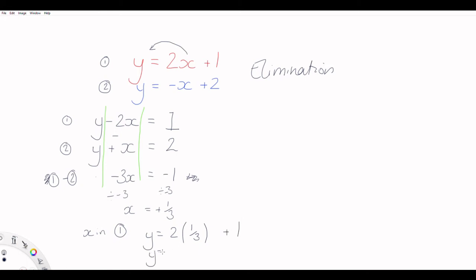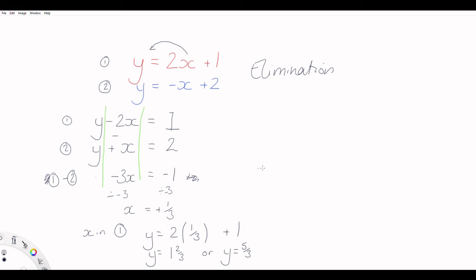That means y equals 2 thirds plus 1, which is 1 and 2 thirds, or y equals 5 over 3. Okay, so we've got a solution there.